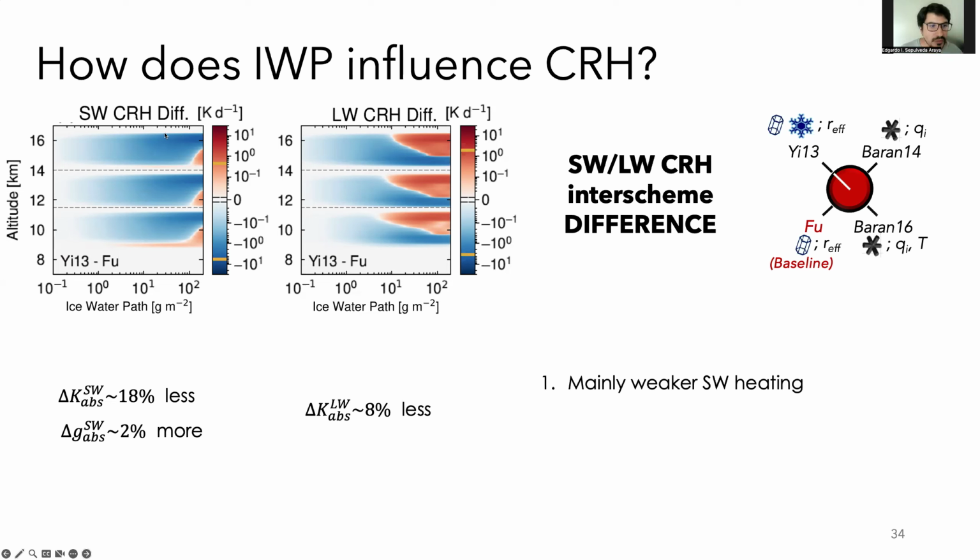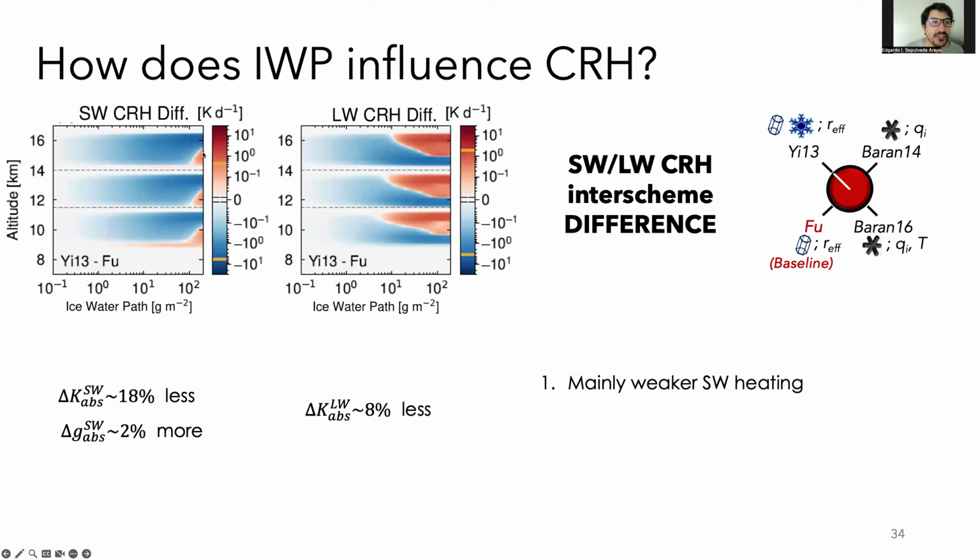Now, there's a more interesting thing in the shortwave radiation, with almost overall weaker heating rates like the previous results, but at really high ice-water path, we start to see some patches, some regions of enhancement of shortwave heating, and we think that that's related to the positive asymmetry parameter relative to full.